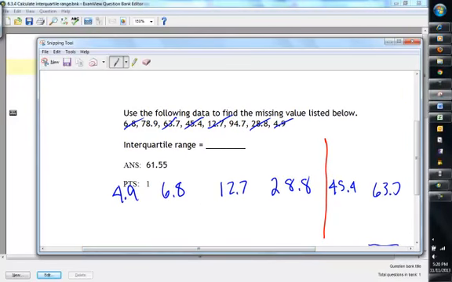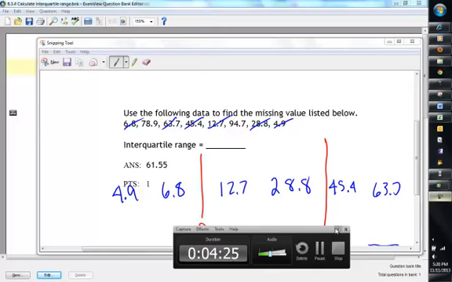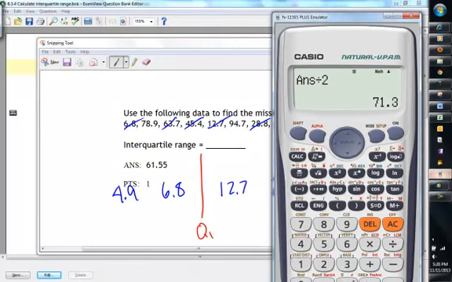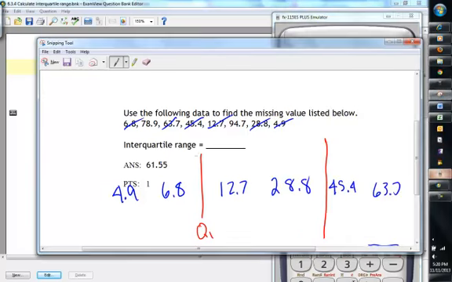And then we're going to find Q1, which is 6.8 plus 12.7, or 19.5, divided by 2 is 9.75.